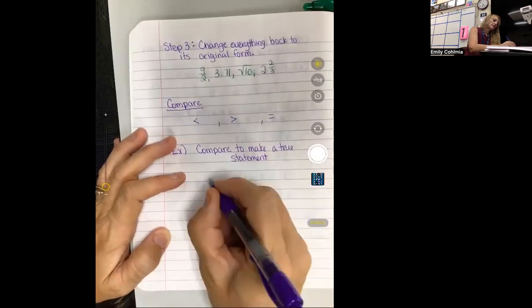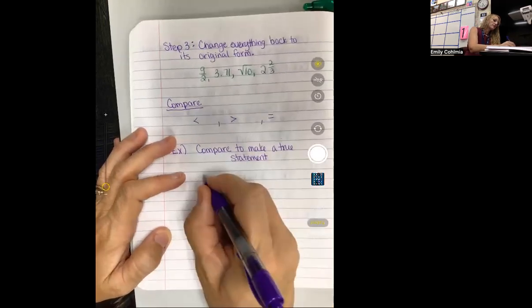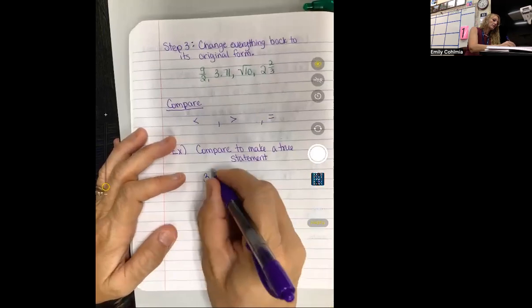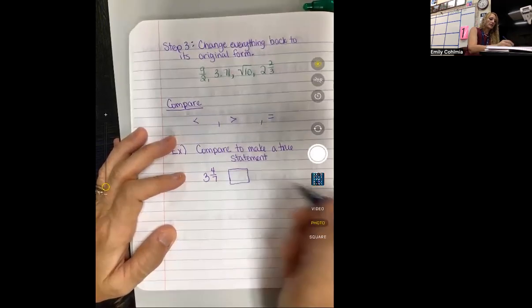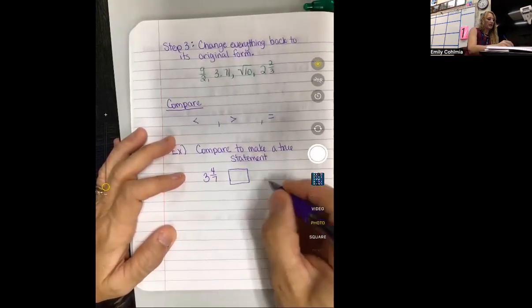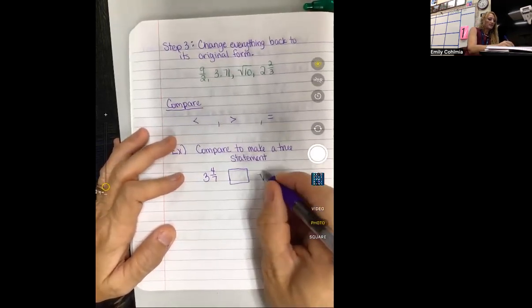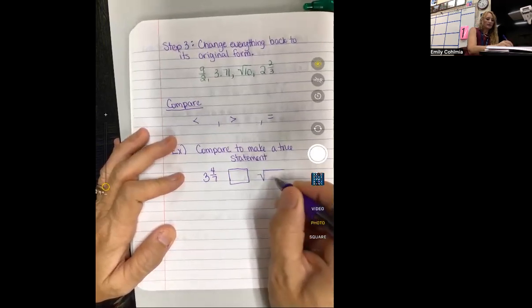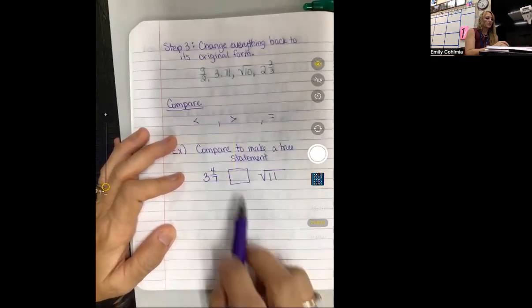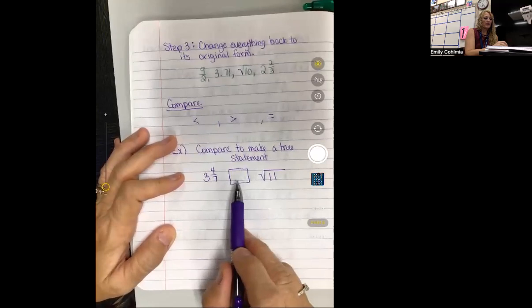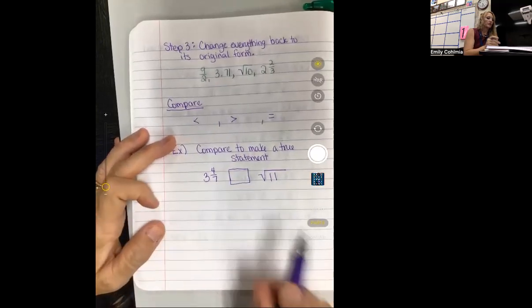So this might be 3 4/7, and then you'll have a box here or a space, and the square root of 11. So are we going to use a greater than, a less than, or an equal to?